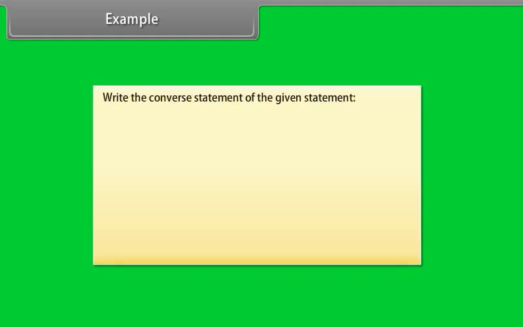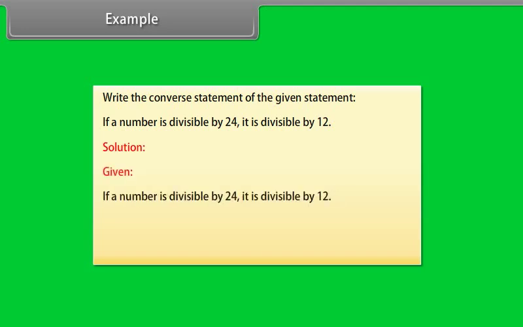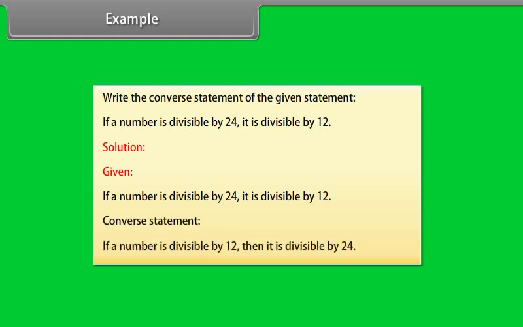Write the converse statement of the given statement. If a number is divisible by 24, it is divisible by 12. Solution. Given. If a number is divisible by 24, it is divisible by 12. Converse statement. If a number is divisible by 12, then it is divisible by 24.